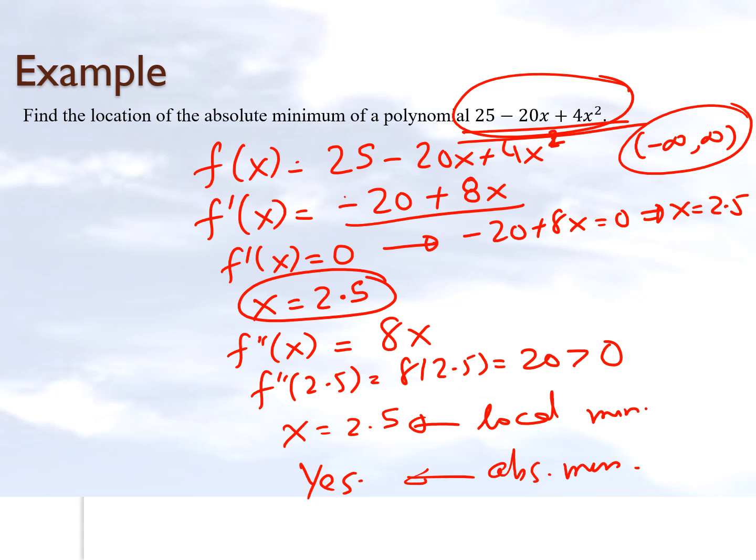The second is that we found there's only one point where the derivative of the function becomes 0, which is at 2.5. Hence, this is going to be an absolute minimum at x equal to 2.5. So that's the end of this segment.